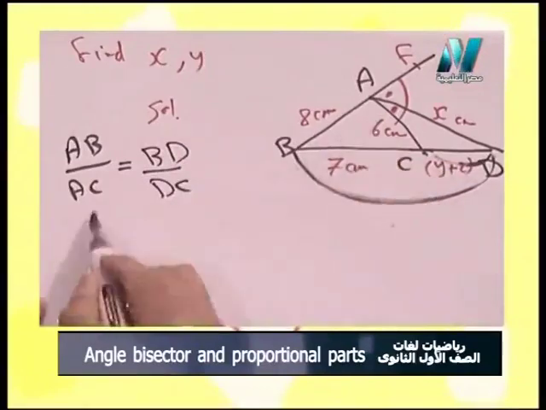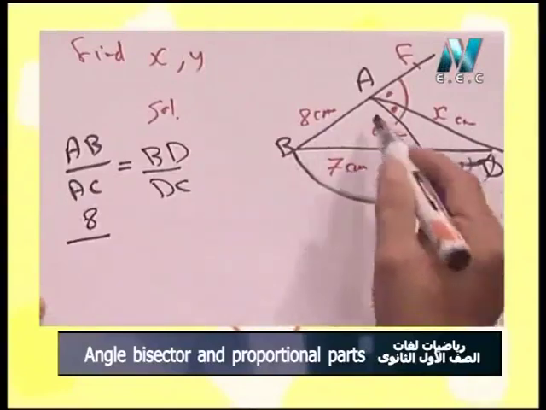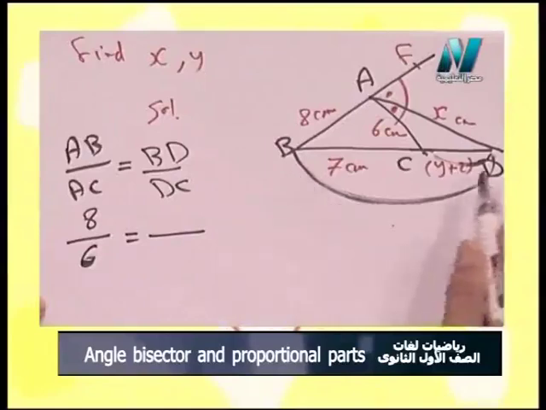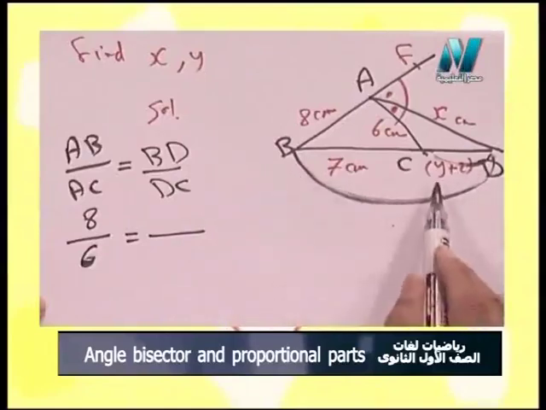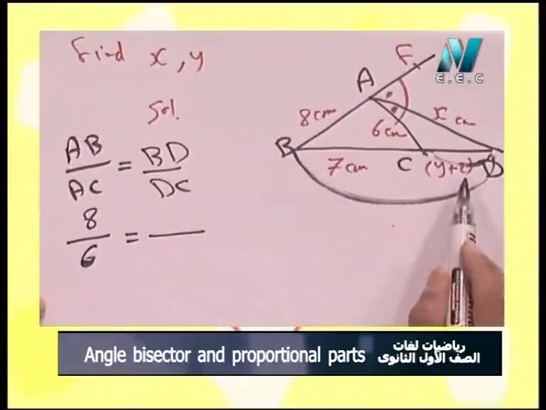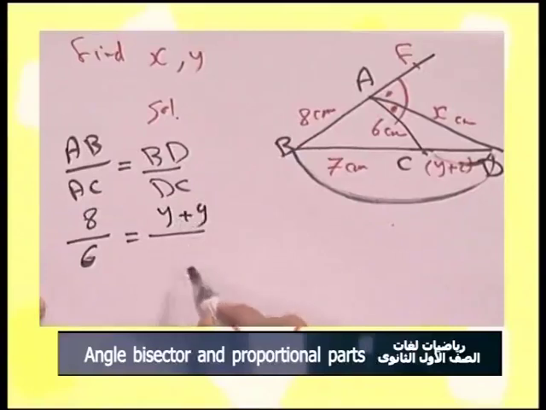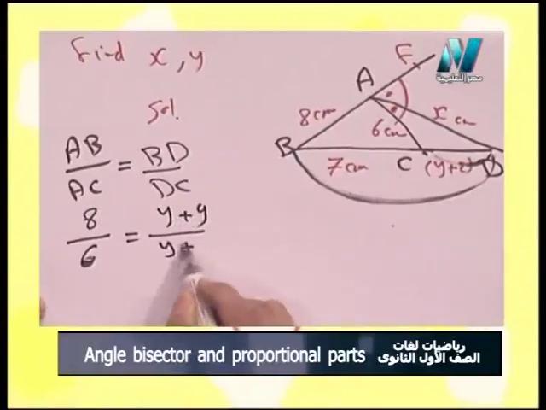So AB equals 8 over AC equals 6. BD, we know that we have 7 plus Y plus 2. We can write it as Y plus 9. DC equals Y plus 2.